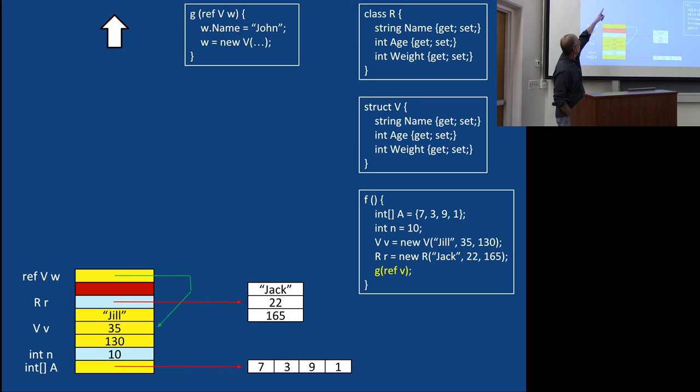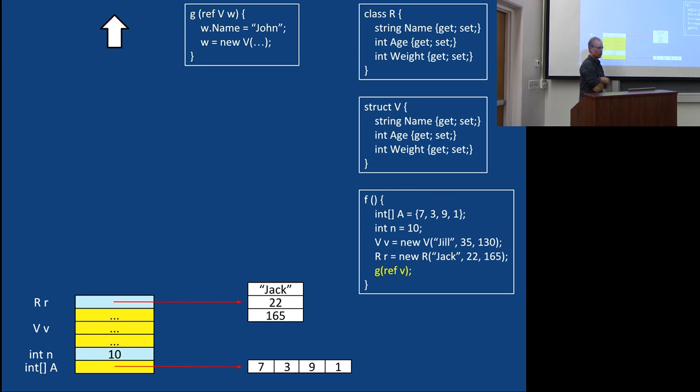And anything we do to W, we're actually doing to this right here. So it gets changed, and the method returns. So two completely different things: reference types, value types, call by value, call by reference. It's a little unfortunate that both use the word reference in different ways. And you can mix them arbitrarily.